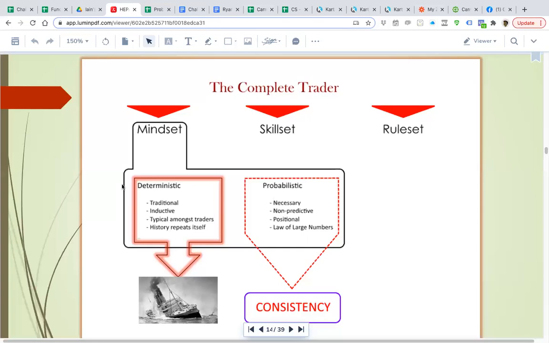Because continuation strategies require you to position yourself whilst the corrective wave is still ongoing, but you are positioning yourself for the continuation of the trend. Now, if you can't answer those questions, then obviously you've got a problem, but that's what the skill set is all about. That's why we do technical analysis.